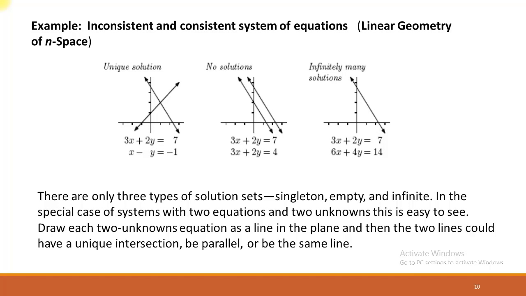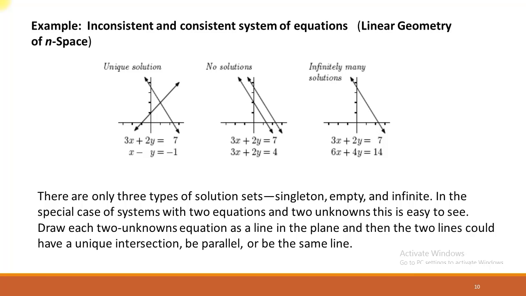So again, I want to repeat the important points. Dear students, linear equations have two types: a homogeneous type and a non-homogeneous type. If in the linear equation the constant term is 0, then the linear equation will be homogeneous.